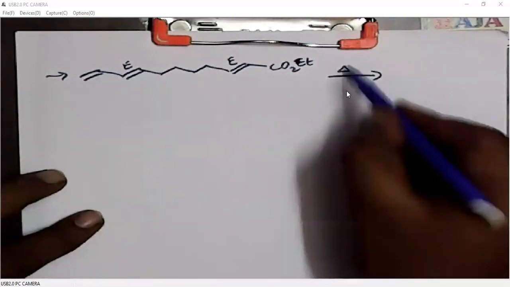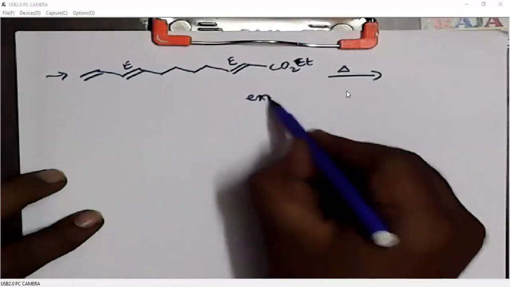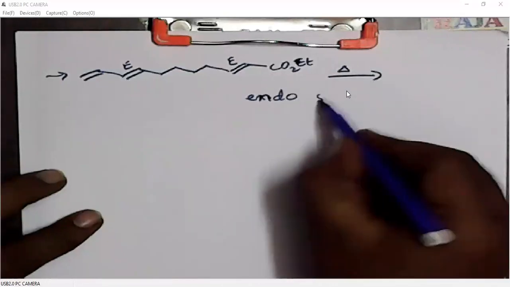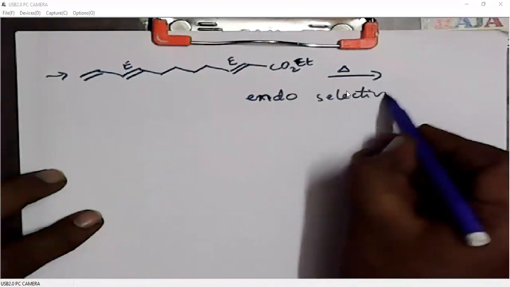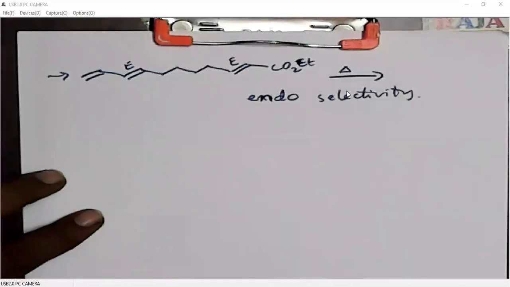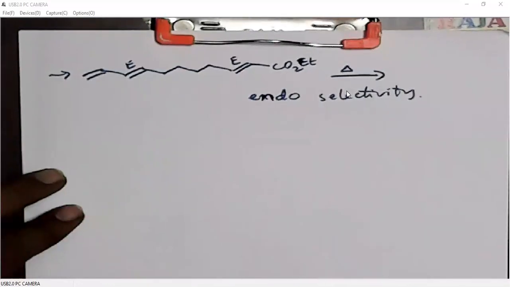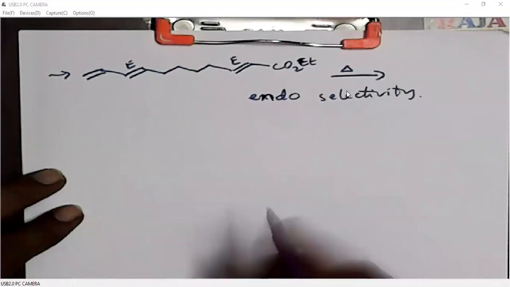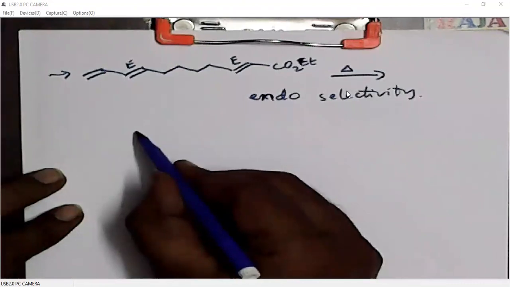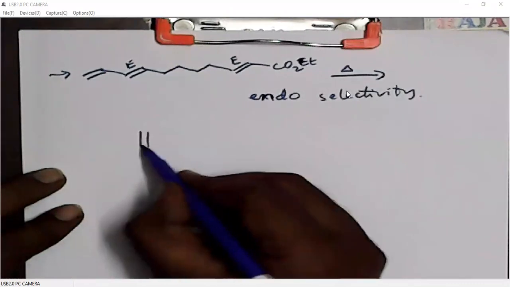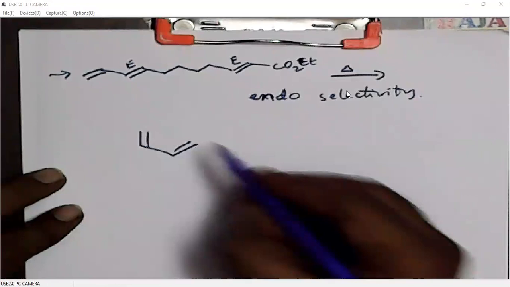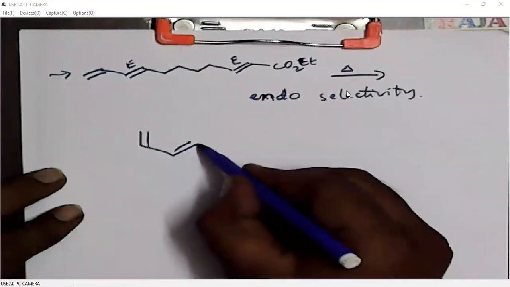Now we will purely look at endo selectivity, no exo selectivity, only endo selectivity. Even with endo selectivity, there are two possible products here.